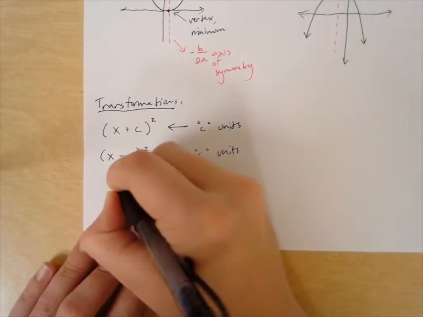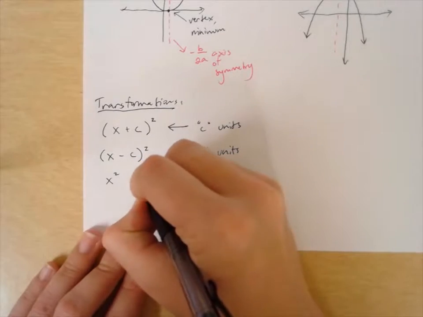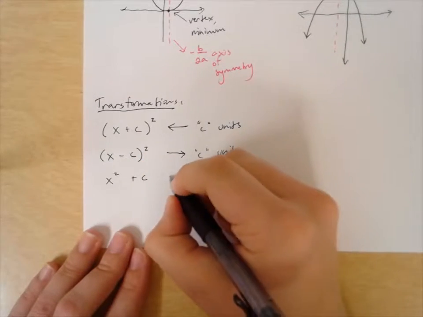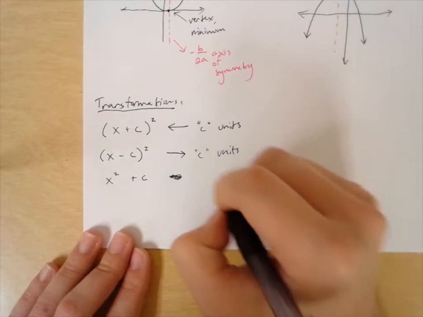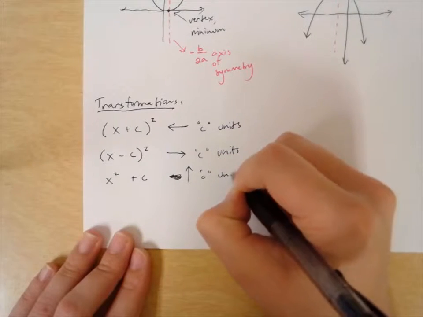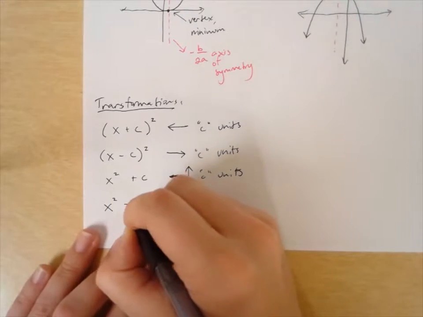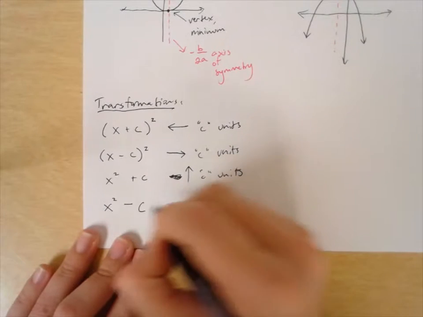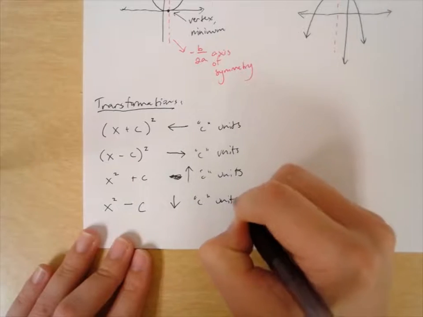If we have just x squared and then a plus c, a constant at the end that we're adding, that means we are going to go up c units. Conversely, if we have x squared minus c, that means we're going to go down c units.